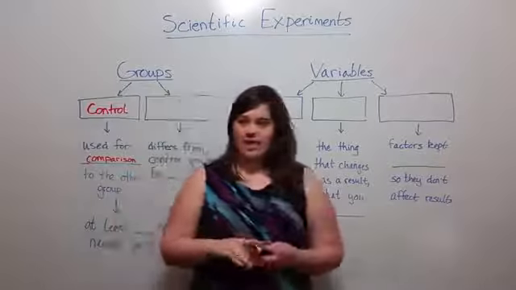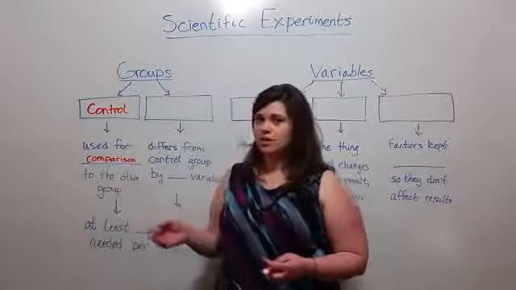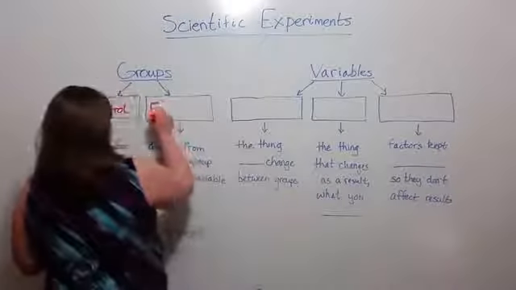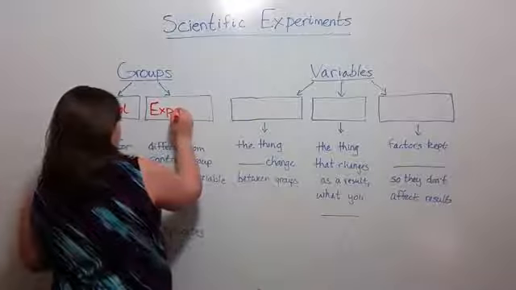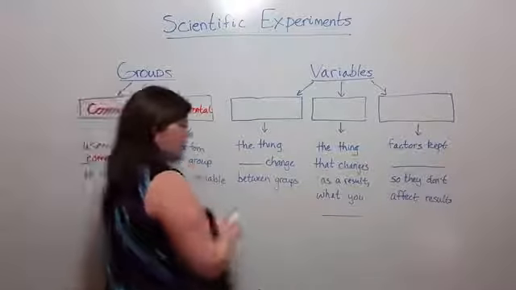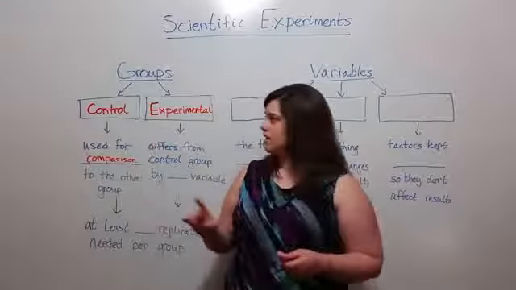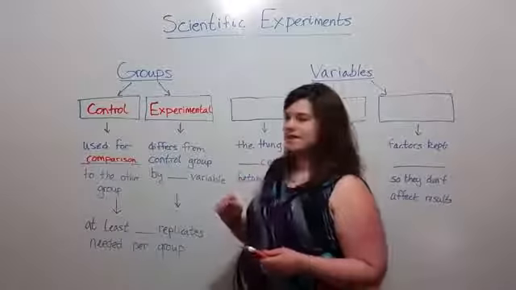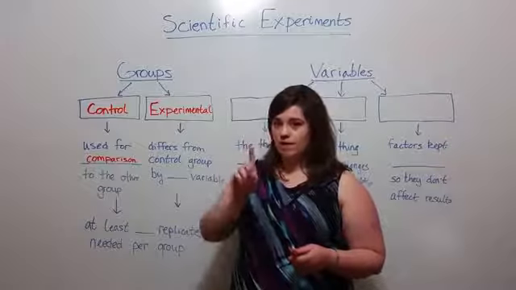The other group in any good scientific experiment is called the experimental group. And this is a critical point. The control group and the experimental group differ by only one variable.